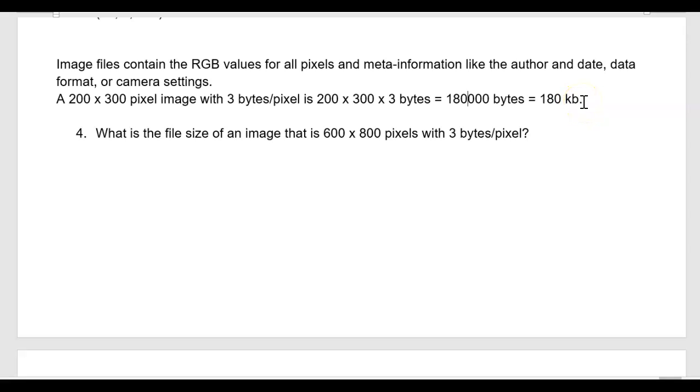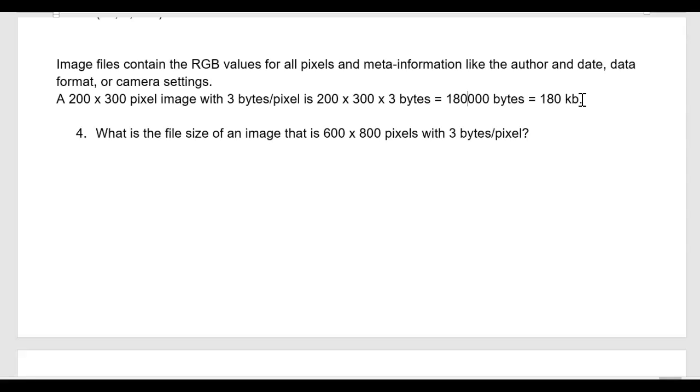And so 1 kilobyte is 1024 bytes. The reason why it's 1024 bytes instead of just 1000, because like you've heard the prefix kilo, right? Like a kilogram is 1,000 grams. But computers don't like base 10. They're like, base 10, I don't know how to deal with that. Like I can't multiply by 1,000.